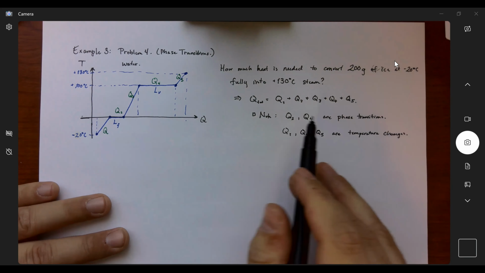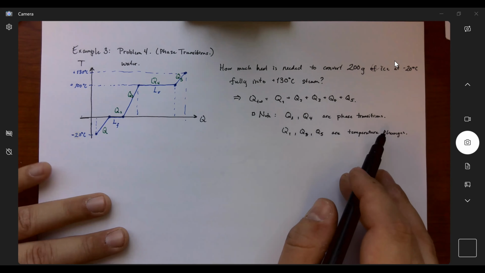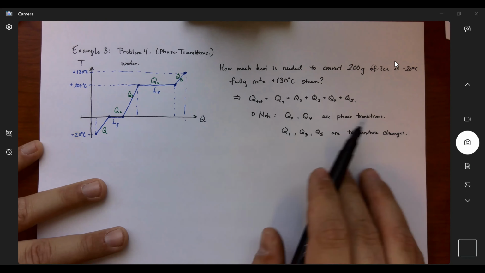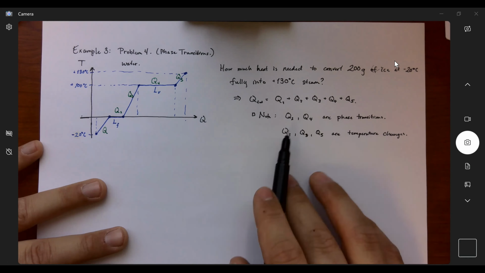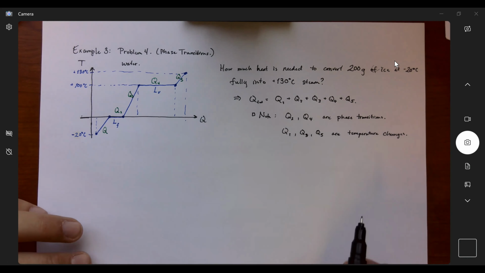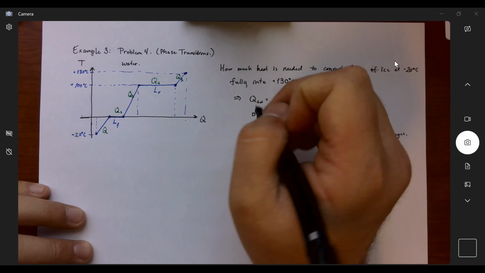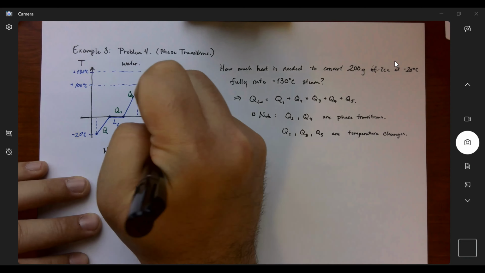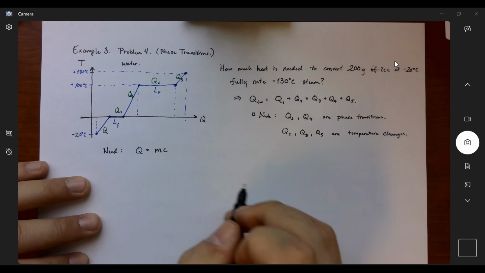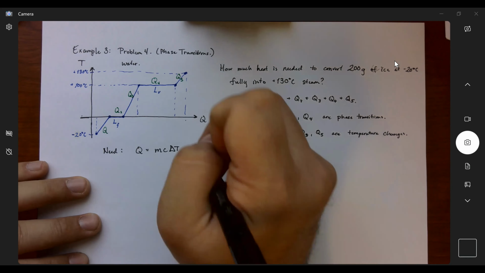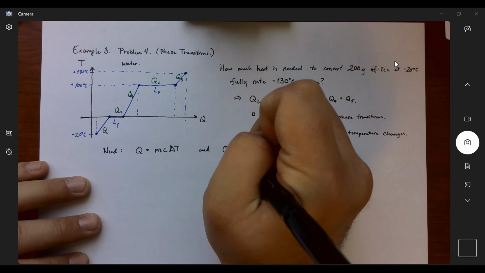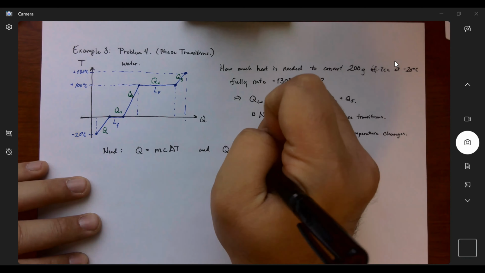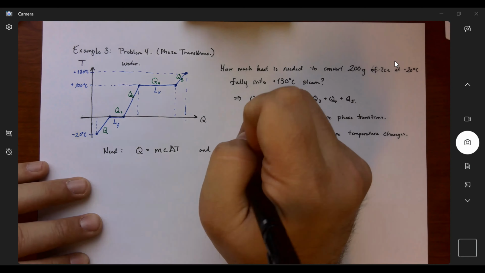All right, so we're going to need both the phase transition equations that relate heat, as well as the relationship of temperature changes for heat as well. So we're going to need Q is equal to the mass times the specific heat times the temperature change, and that the heat for various transitions is going to be the latent heat times the mass.